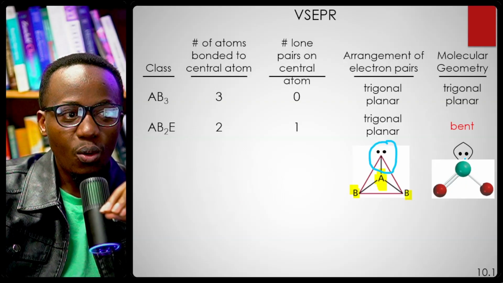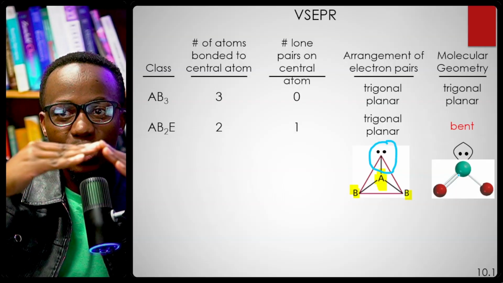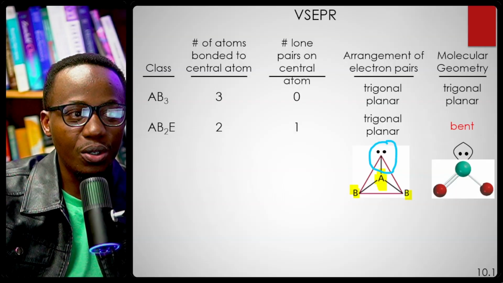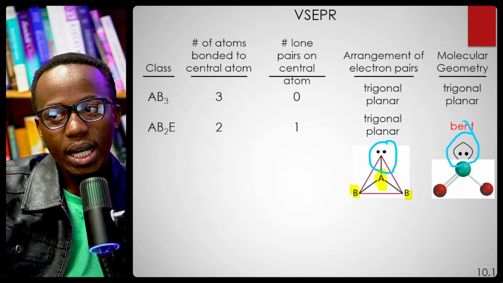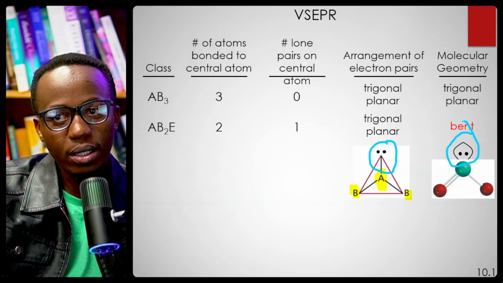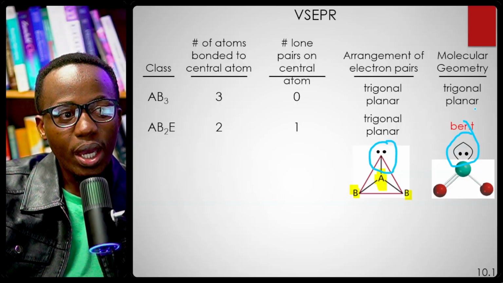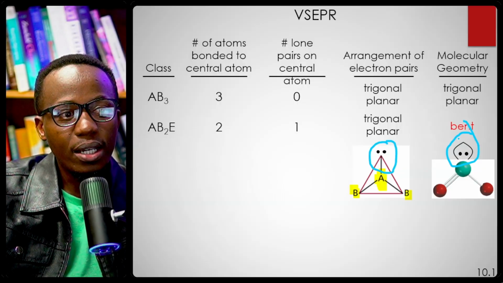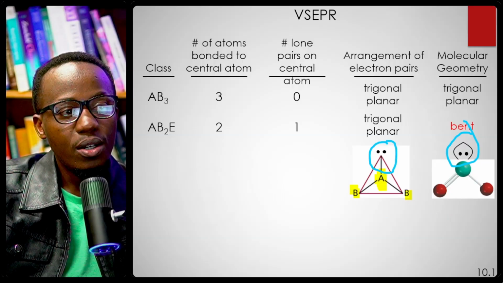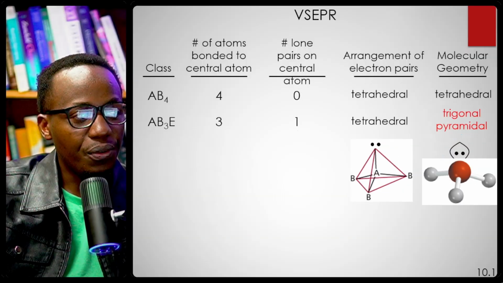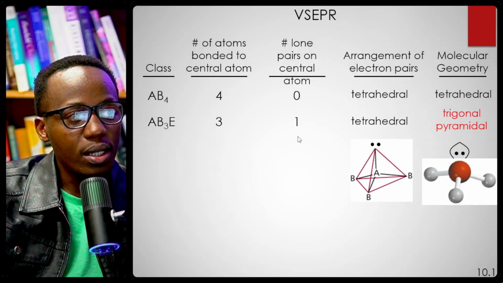Why? Because the pair of electrons is going to bend the shape, because the electron also occupies space, right? So we are going to be stable by pushing. So this is going to bend, right? So this is bent.